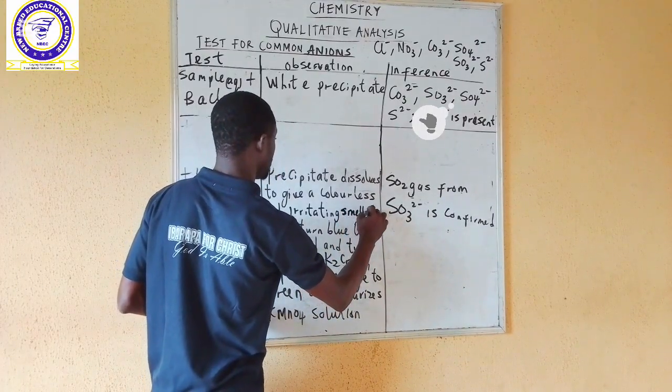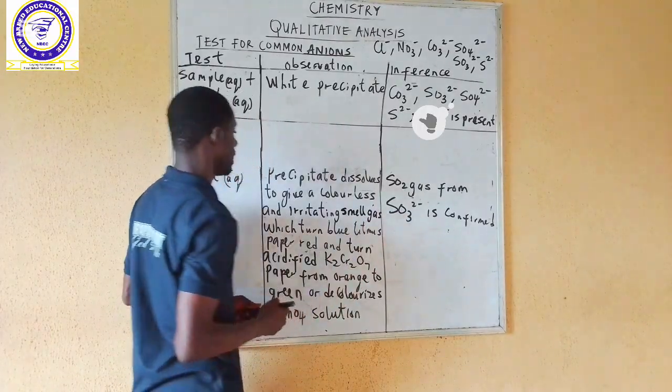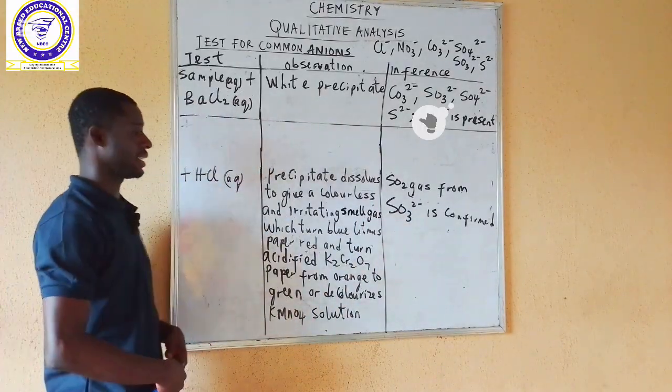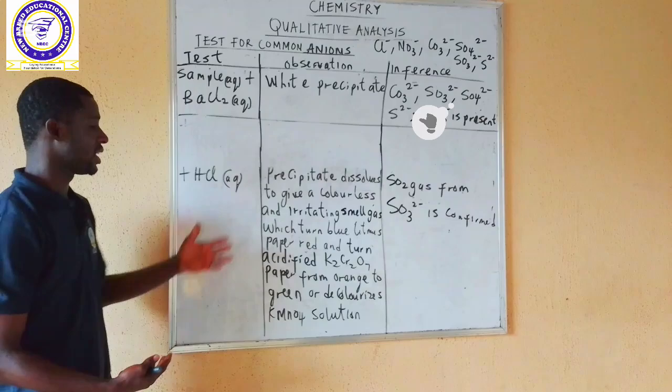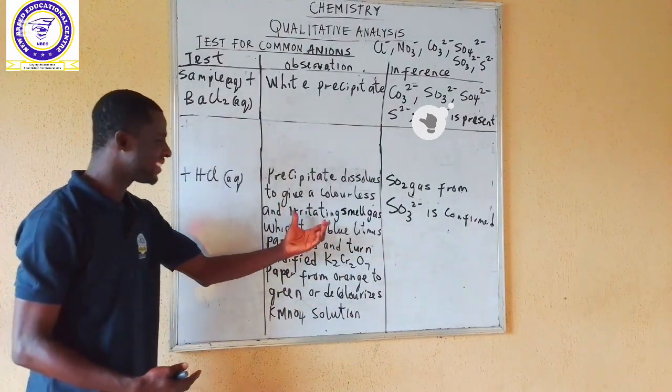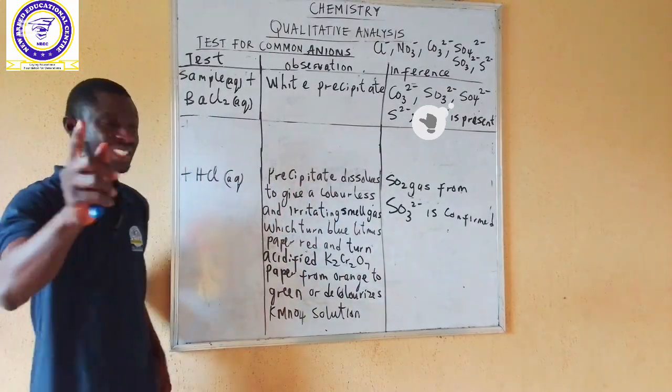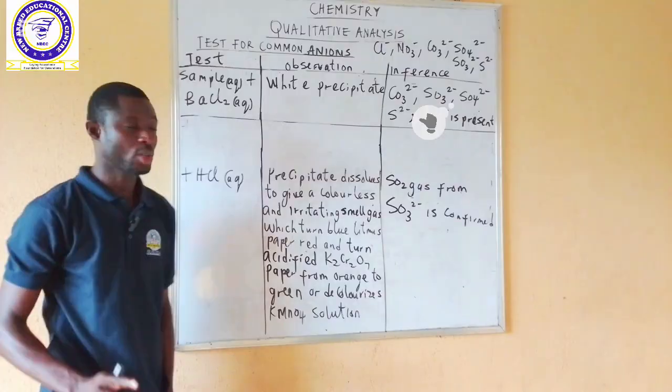Now the gas that evolved out is colorless and has an irritating smell. That is SO2 gas, because that is the characteristic of SO2 gas.